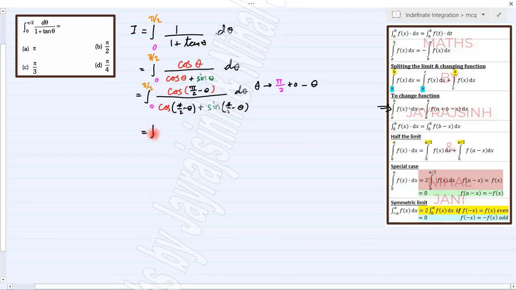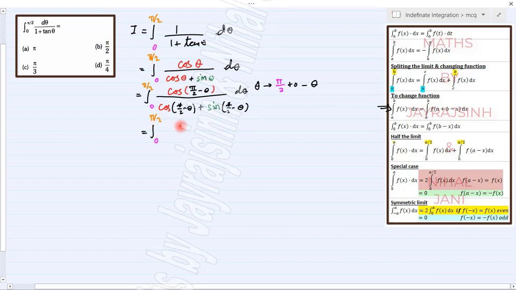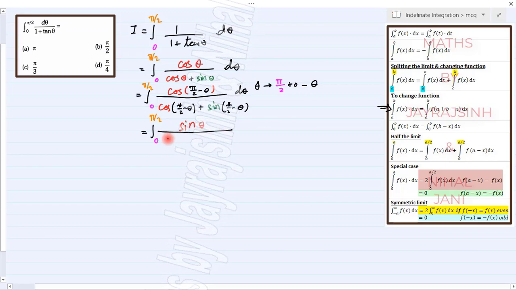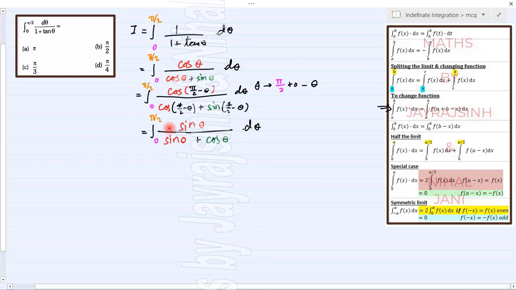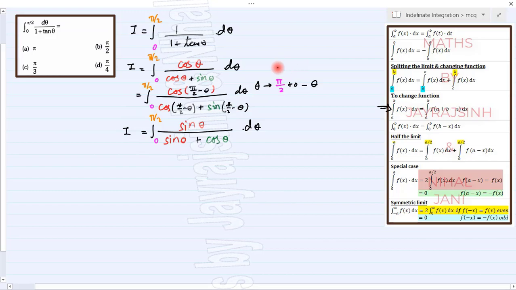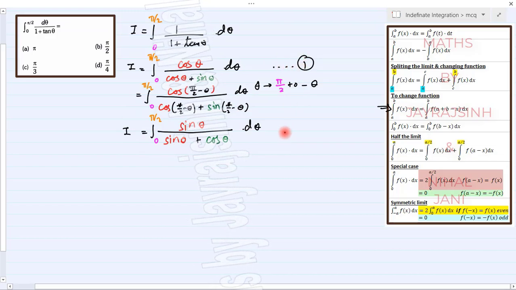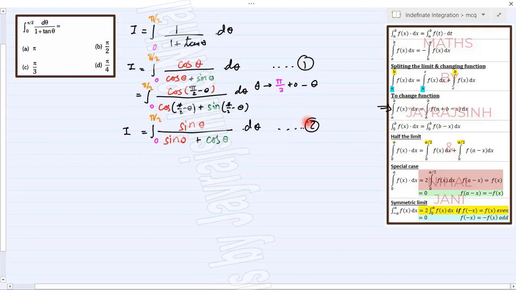So here we'll get, cos of pi by 2 minus theta will become sine theta. And in the denominator, we will get sine theta plus cos theta, d theta. And this is your I, right? So let's say this is your first equation and this one is your second equation.